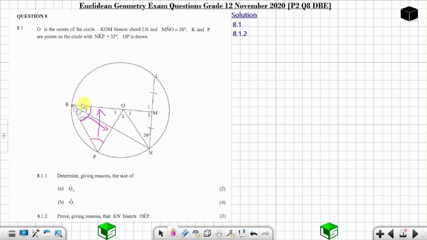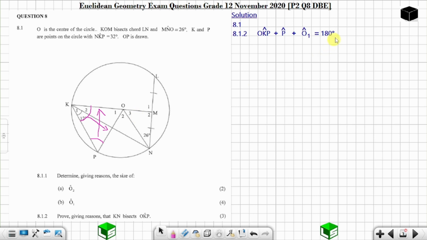So using this triangle OKP, you have angle OKP, plus the angle P, plus the angle O1, equal to 180 degrees, the sum of the interior angles in a triangle.